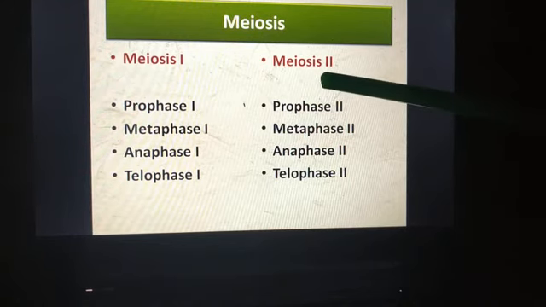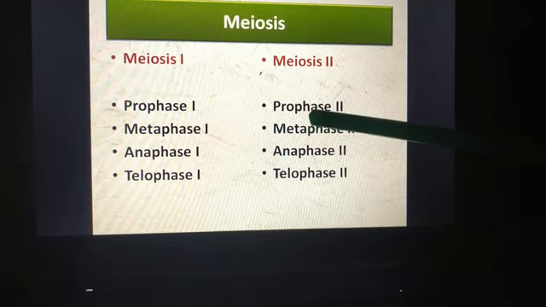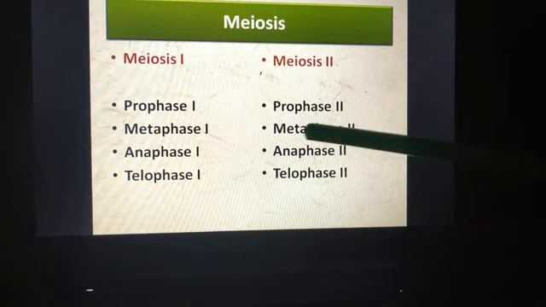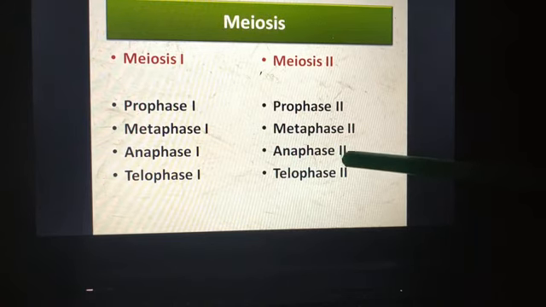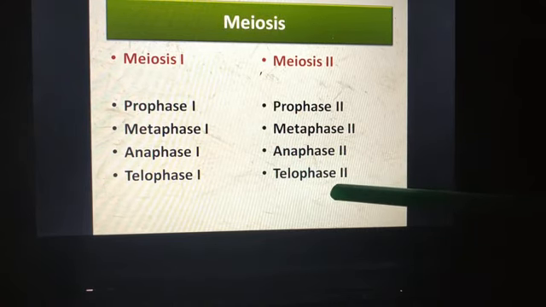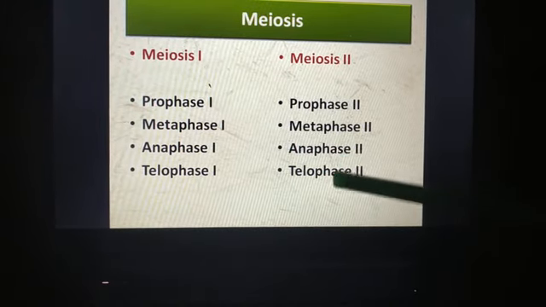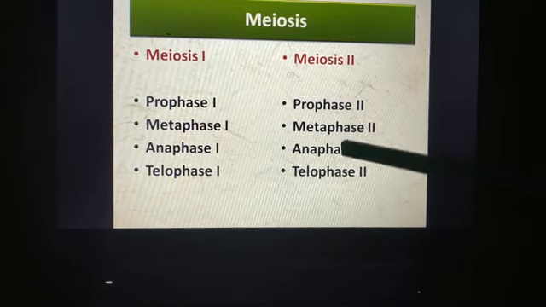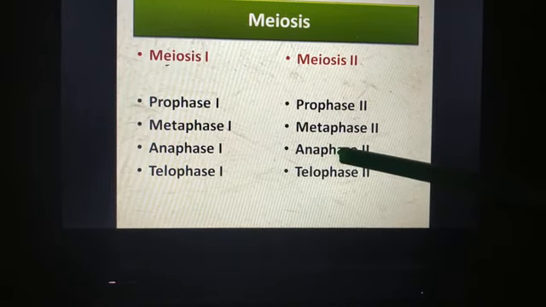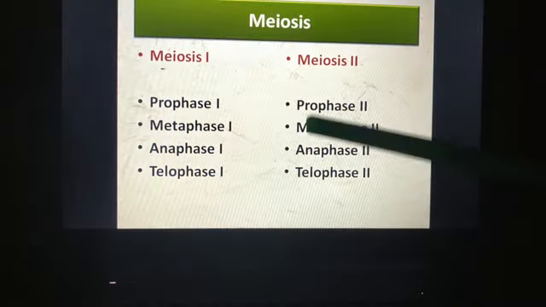And in meiosis 2, again we will get prophase 2, metaphase 2, anaphase 2 and telophase 2. And these phases in meiosis 2 will be similar to mitosis.